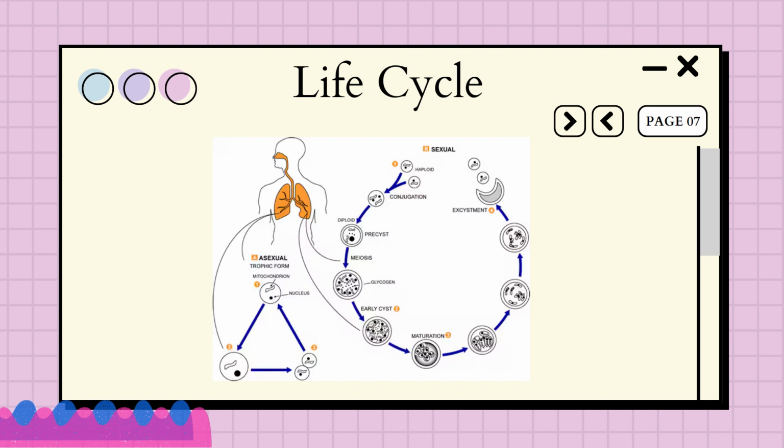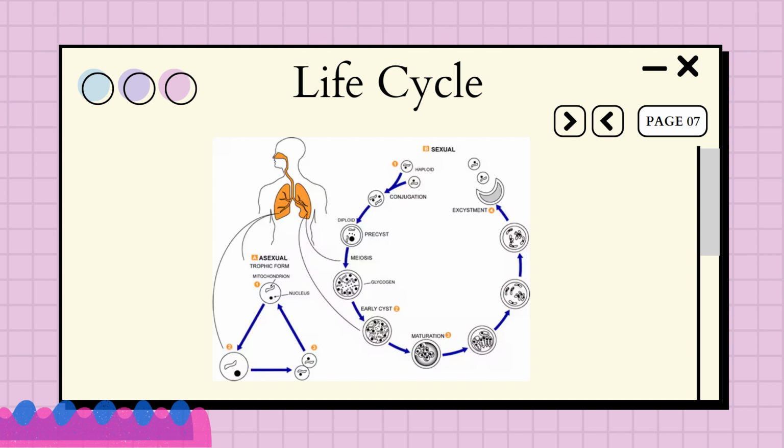For its sexual phase, the production of new organisms is formed by the combination of genetic information of two individuals of different sexes. In haploid, trophic forms are conjugated and produce a zygote, which is diploid. Once the zygote is formed, it will undergo meiosis and subsequent mitosis to produce again 8 haploid nuclei or late phase cyst.